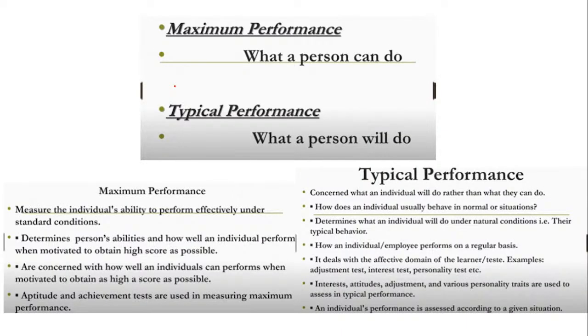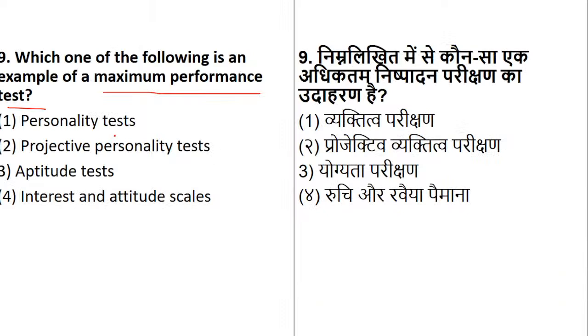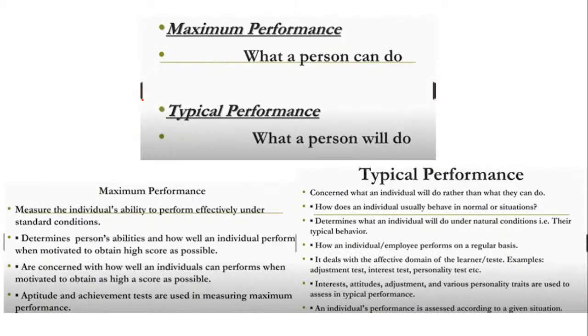So basically, there are two types of performance. Question number 8 again? Okay, Shelly, I'll take it at the end. Fine. So when we talk about question number 9, the maximum performance test, there are two types of test: maximum performance and typical performance.